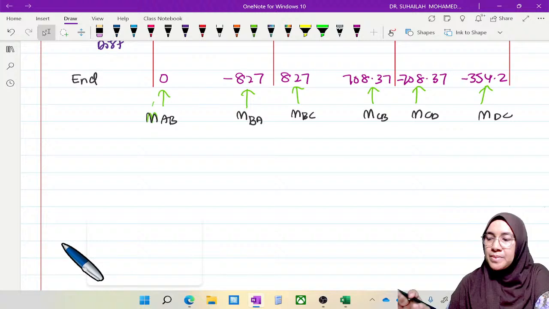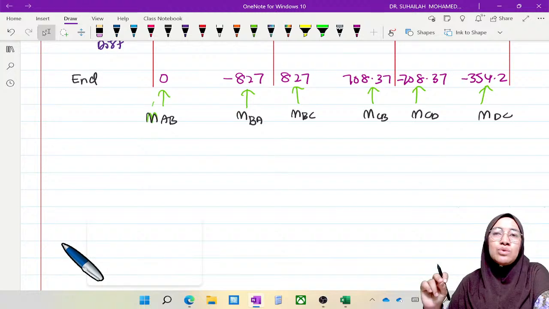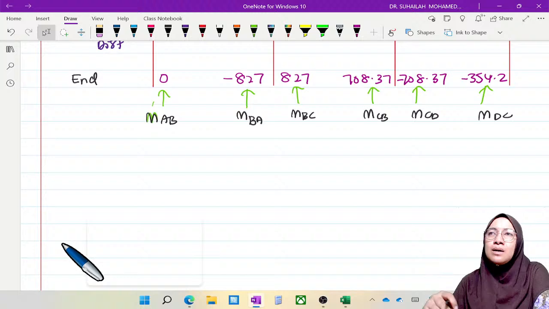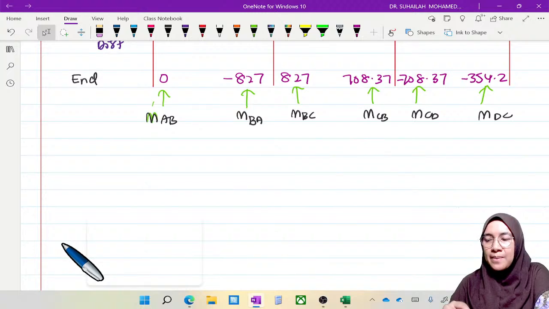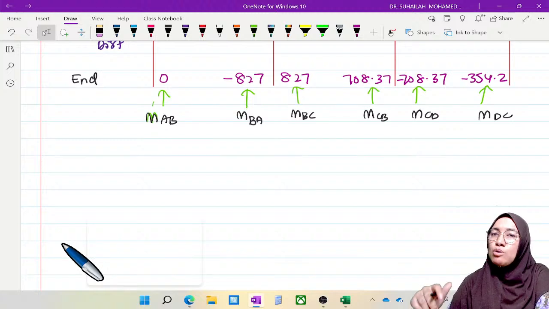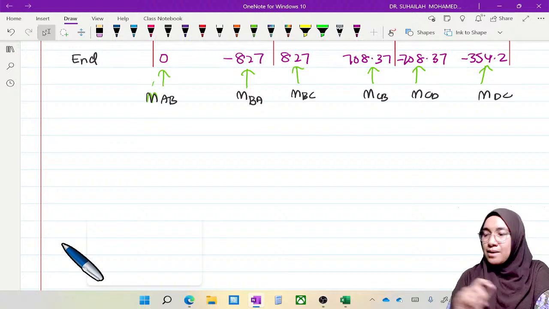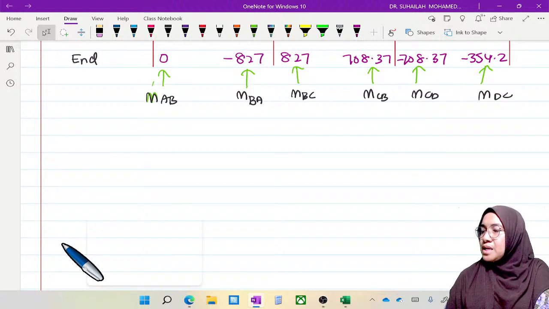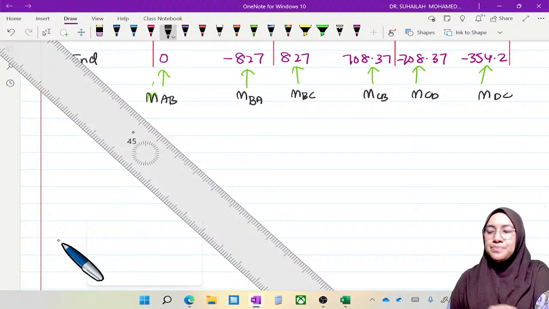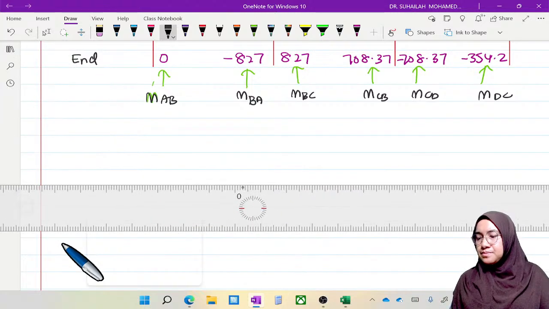Except for the maximum moment, we need to identify the moment by finding the area in the shear force diagram. Okay, if we want to draw the bending moment diagram directly, what do we get?